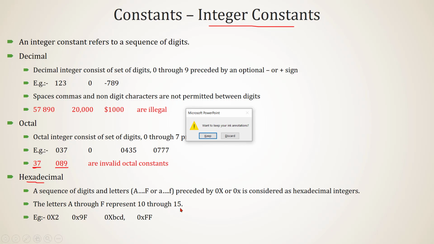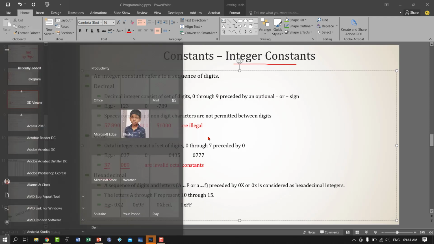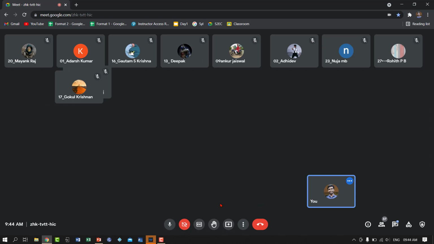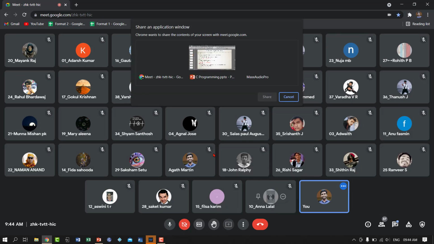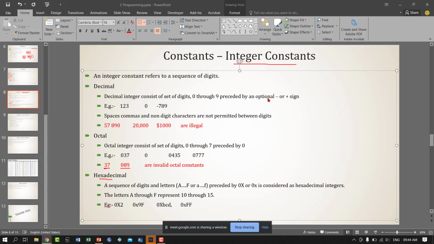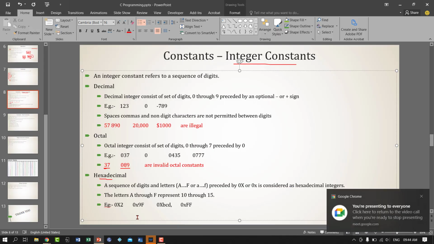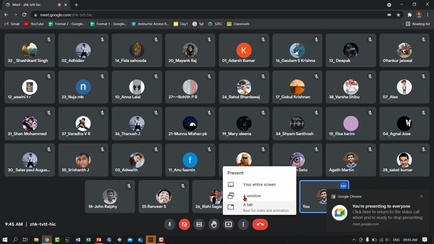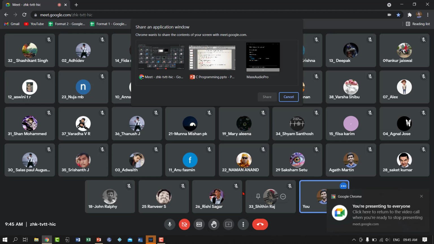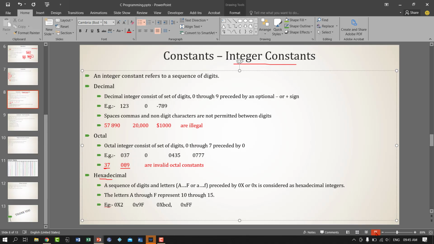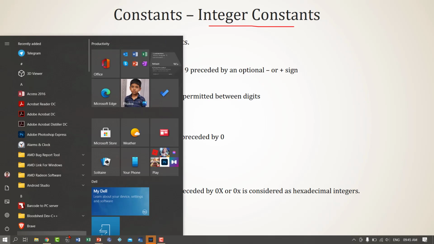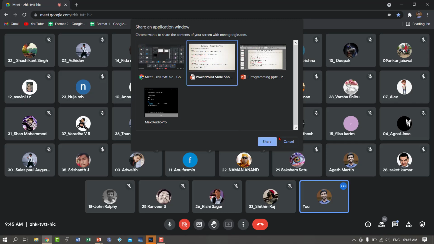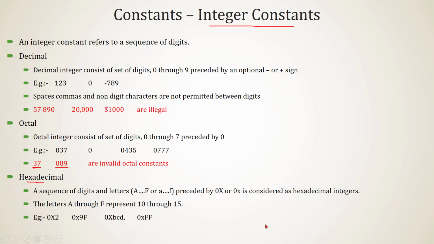Screen is not visible. Okay. Is it visible now? Yes, sir.